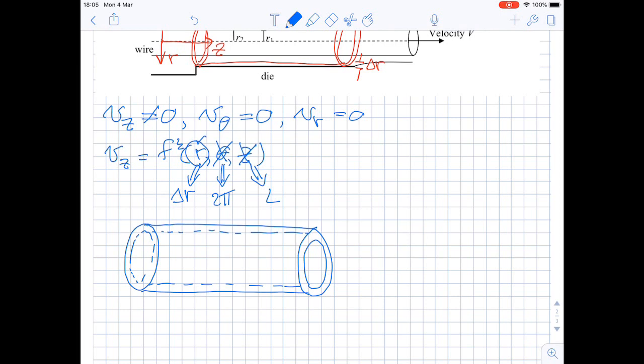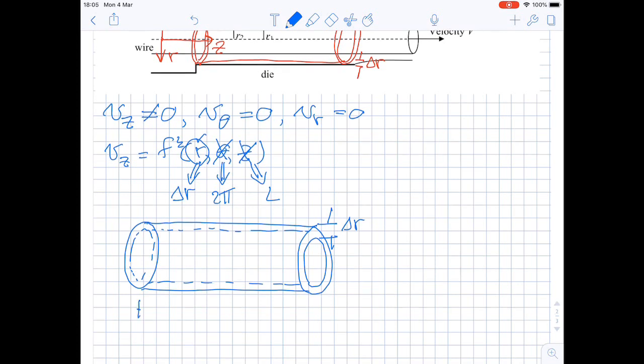This should be our shell, and the width over here is delta r. The length is supposed to be L, and it covers theta from 0 to 2 pi.